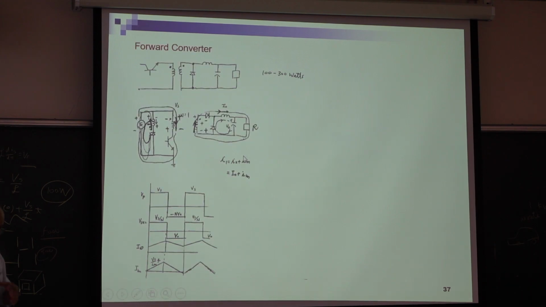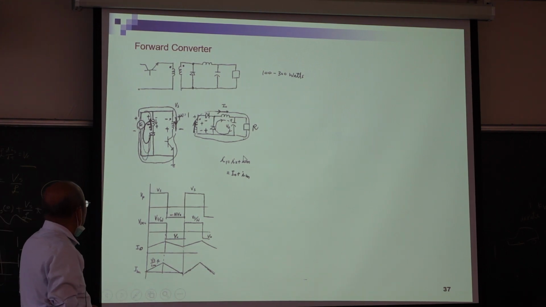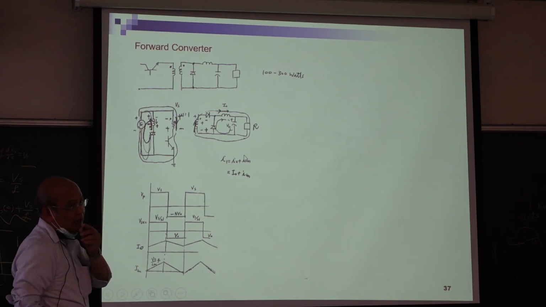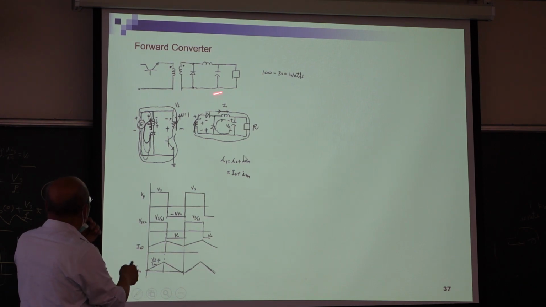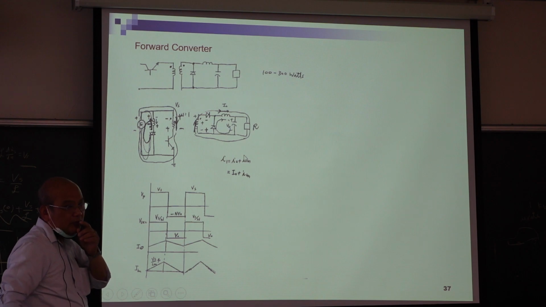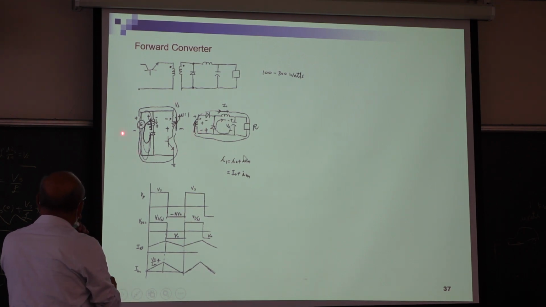Then you say for some device, I need better performance, more than 100 watts, I need 300 watts. Then what can I do? I have to develop a new one. Forward converter. So what is a forward converter?